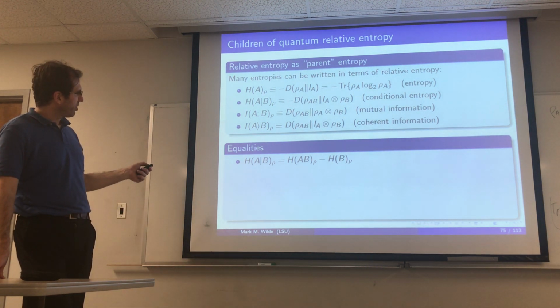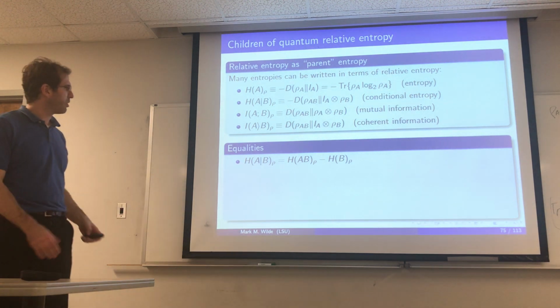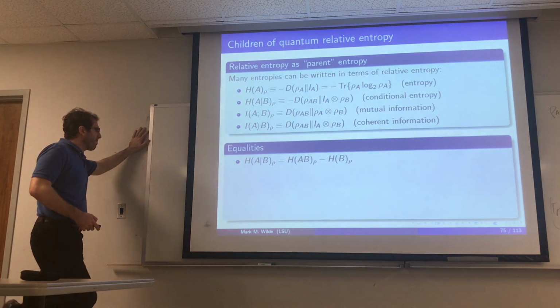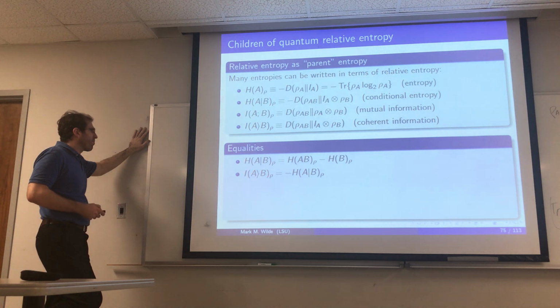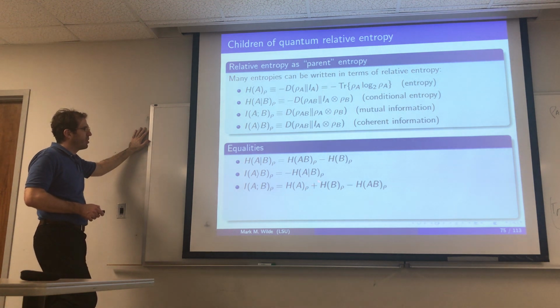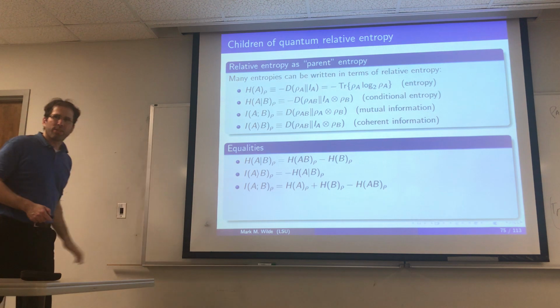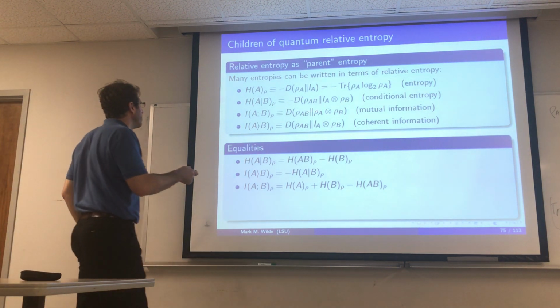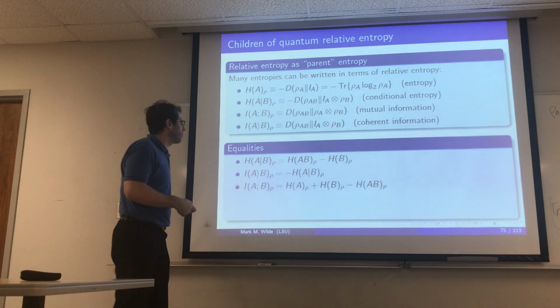There's another quantity called coherent information that comes up, and that's important in the context of quantum communication. You can play with these different things. Another way to define mutual information is the sum of the marginal entropies minus the joint entropy. That's how it's traditionally defined, but when you write it the other way, you see it's a correlation measure.